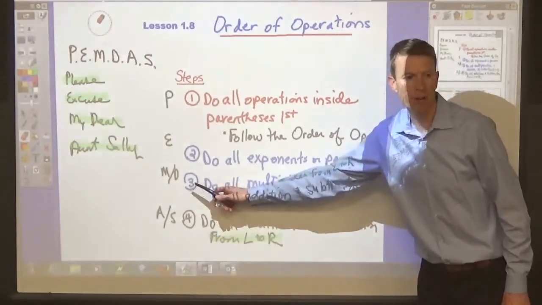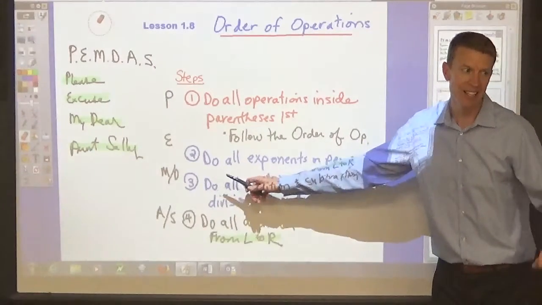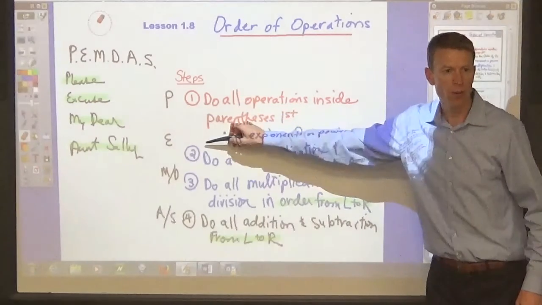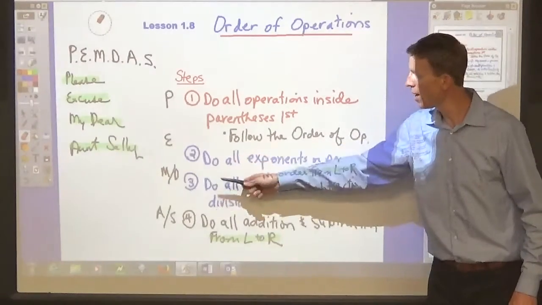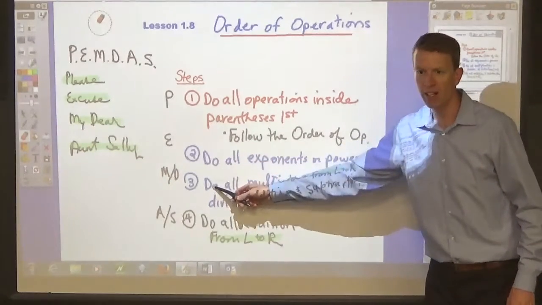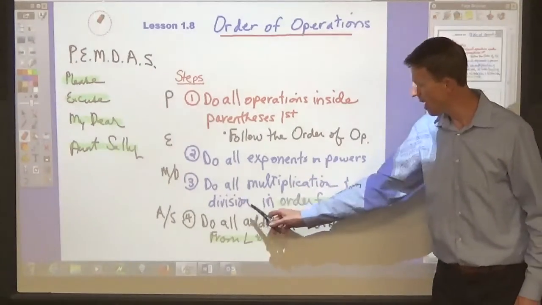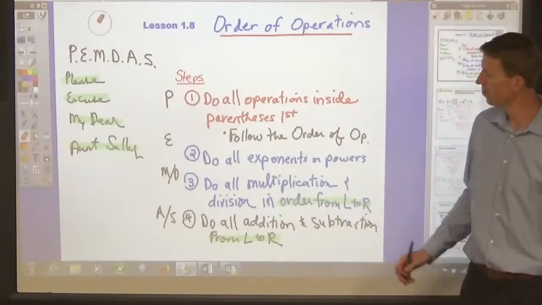Okay. Number 3. Class. Yes. Listen, you have to finish an entire step before you go on to the next step. Okay? So that's why it says in step 3, do all multiplication and division in order from left to right.